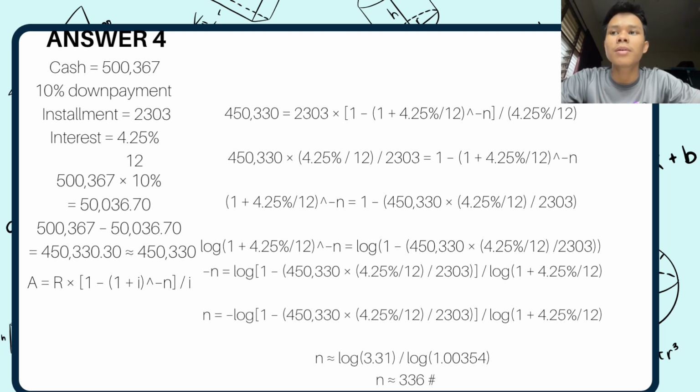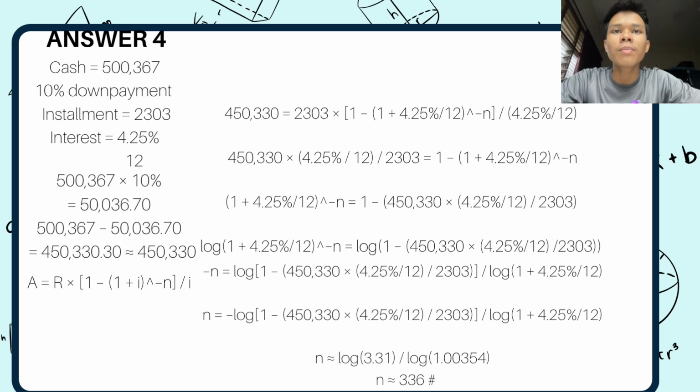Then 450,330 multiply 4.25% over 12, over 2,303, equal 1 minus bracket 1 plus 4.25% over 12 bracket to the power of negative n.